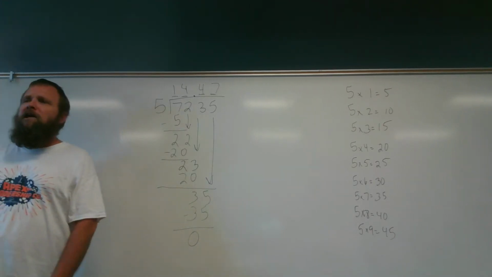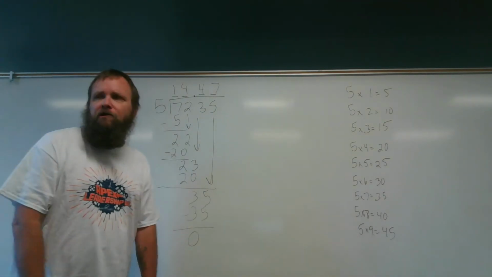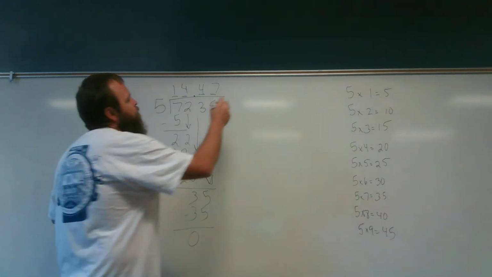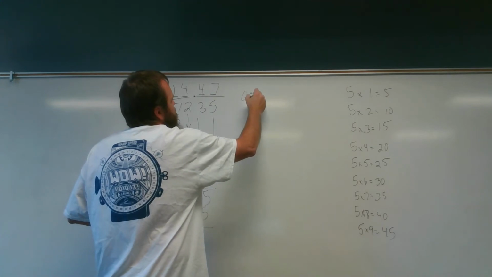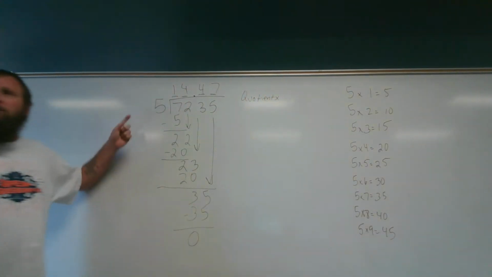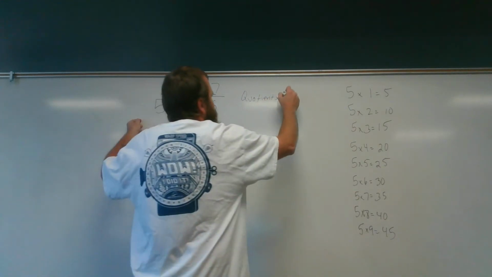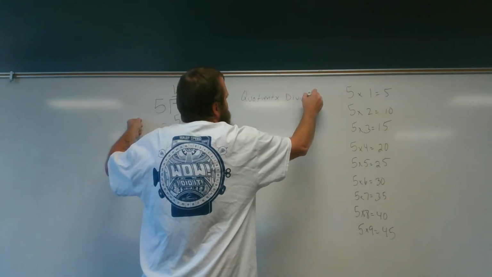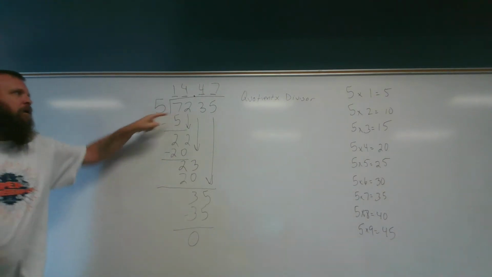All right, so as Natalie pointed out, we're going to use our inverse operation to check. I should be able to multiply my quotient times my divisor, and that should give me my dividend.